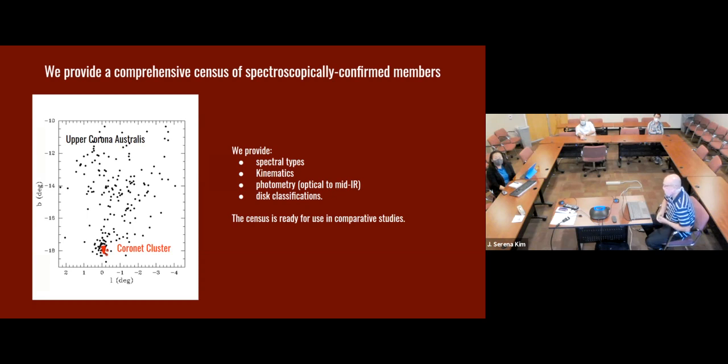And of course, this was done in conjunction with Kevin Luhman. There are some papers where I'm first author, some where he's first author, some where I'm not on them at all. But you get the idea. It's a beautiful set of the census of known members, the spectral types, the kinematics, the photometry, the disk classifications, and they will be there and ready to use for any of your comparative study needs.